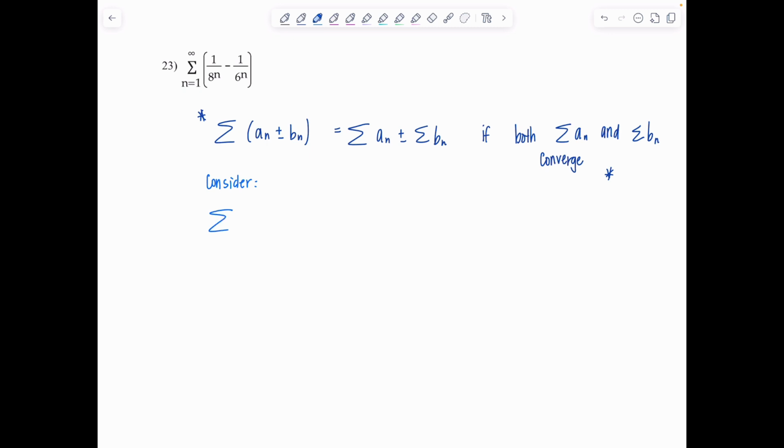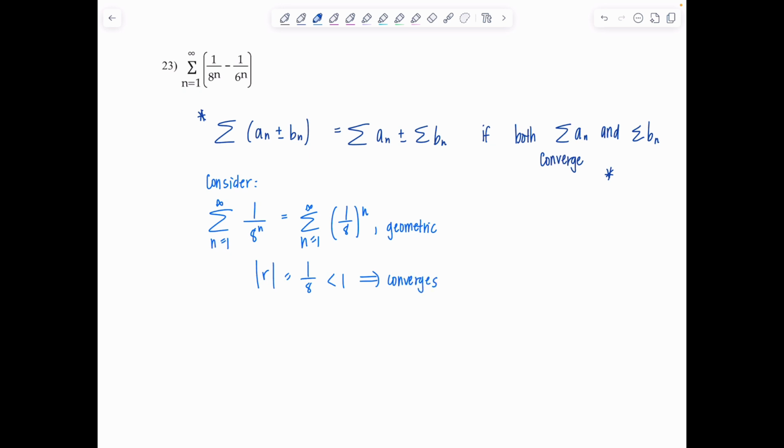the sum n equals 1 to infinity of 1 over 8 to the n. That's the same as the sum n equals 1 to infinity of (1/8) to the n. This guy's geometric. The absolute value of r, that's 1/8, which is less than 1, so this guy converges.